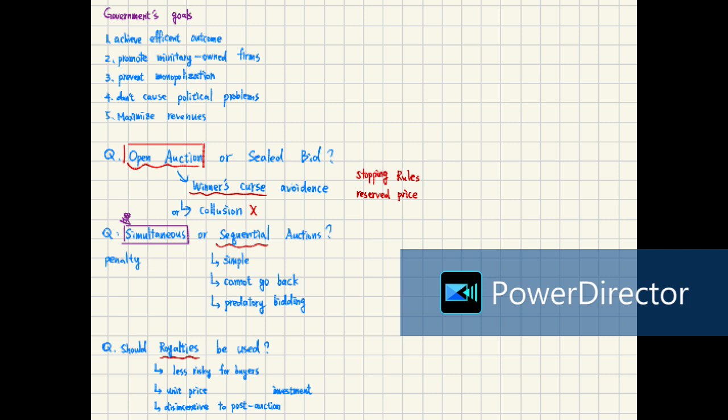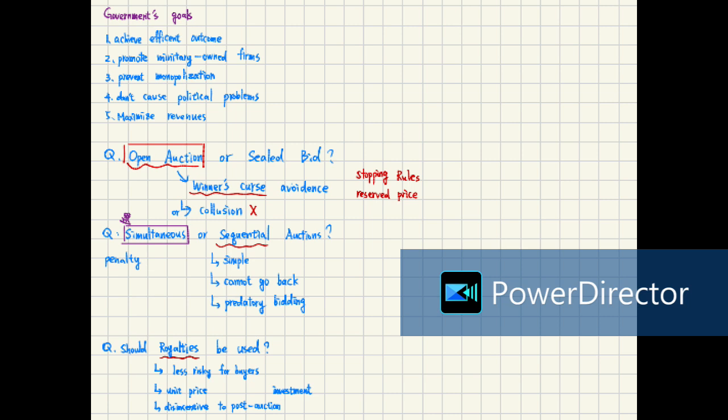So the second is simultaneous or sequential auctions. The government finally selected simultaneous, because sequential auctions are too simple and cannot go back, and may cause predatory bidding.